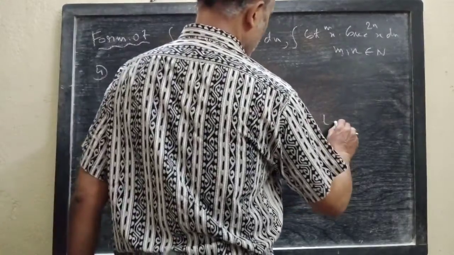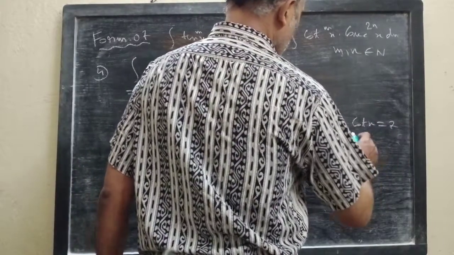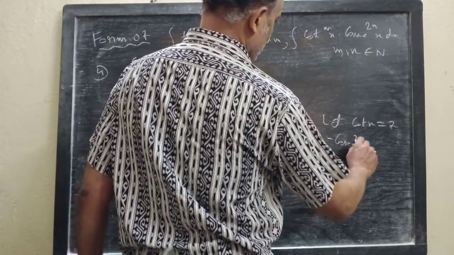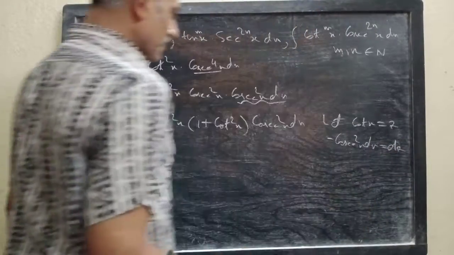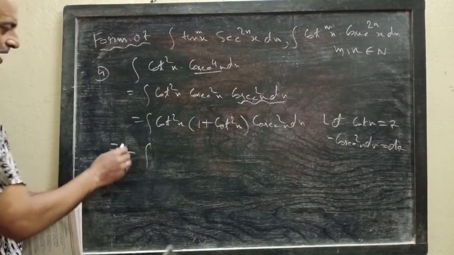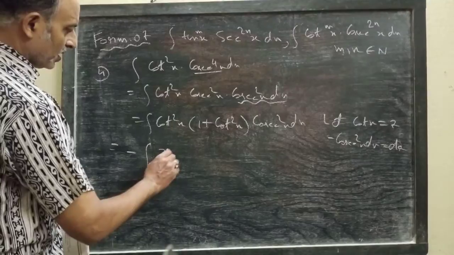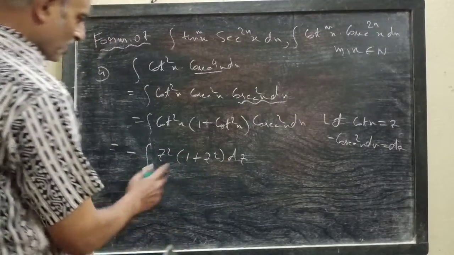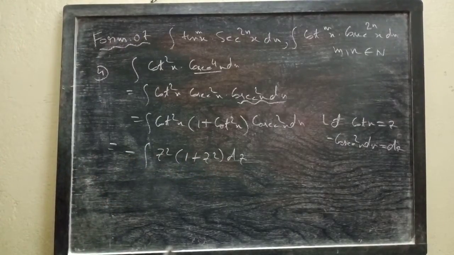Now let cot x equal to z. Now d of cot x is minus cosec square x dx, which is dz. So cosec square x dx will be minus dz. So I am writing minus outside the integral sign. This will be z square, this is 1 plus z square, and now that dz. Minus dz, that minus sign is kept outside the integral sign.